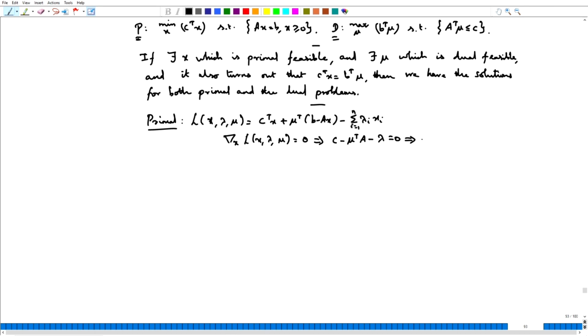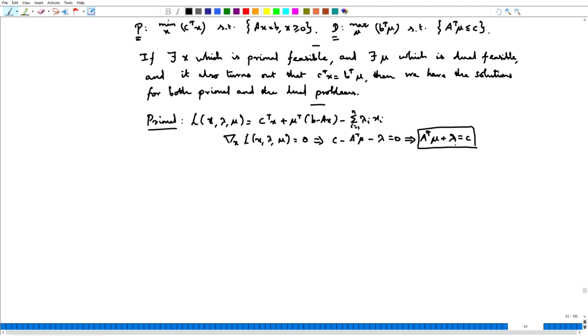So you will have A transpose mu plus lambda equal to C. This should be satisfied if x is the minimizer. So you should have mu and lambda in such a way that A transpose mu plus lambda is equal to C.